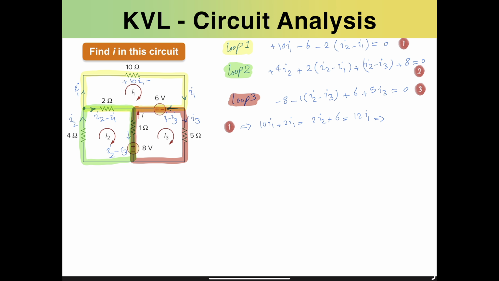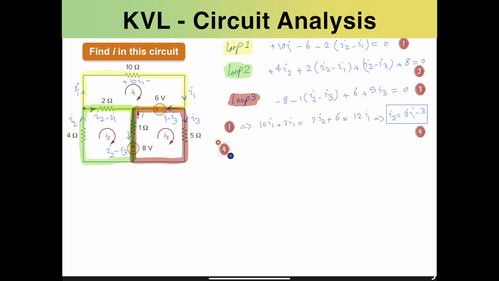Now, I can write I2, because that's easier for the calculation, as 6I1 minus 3. So this would be my relationship between I2 and I1. However, if I replace that in equation 2, so I would say, let's call this one equation number 4 that we just got.